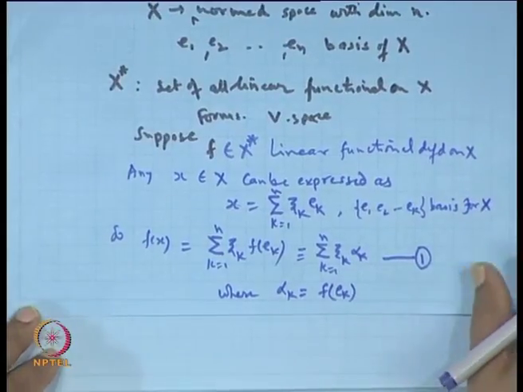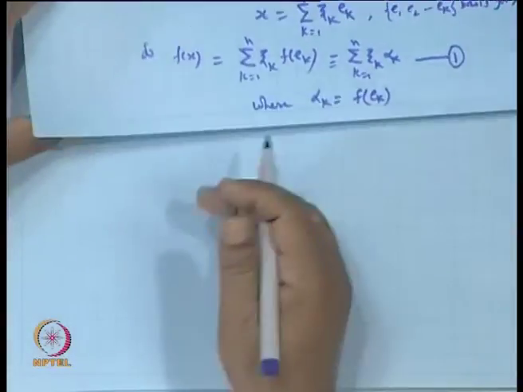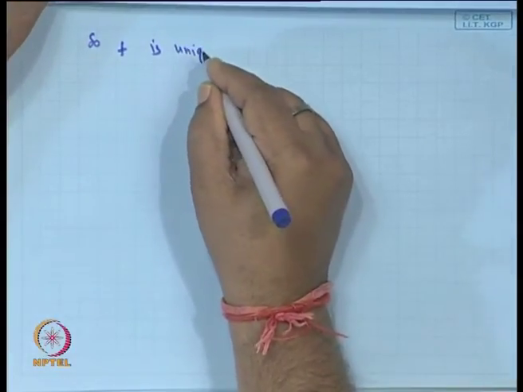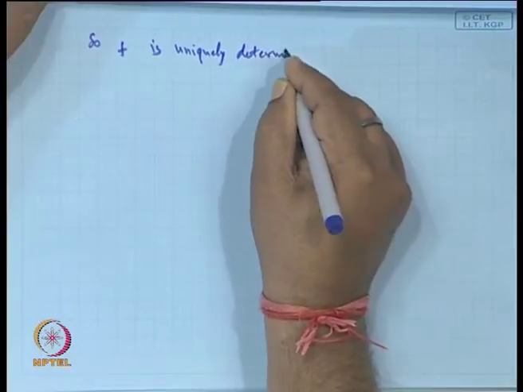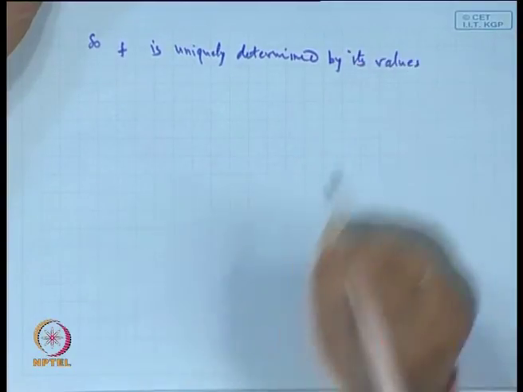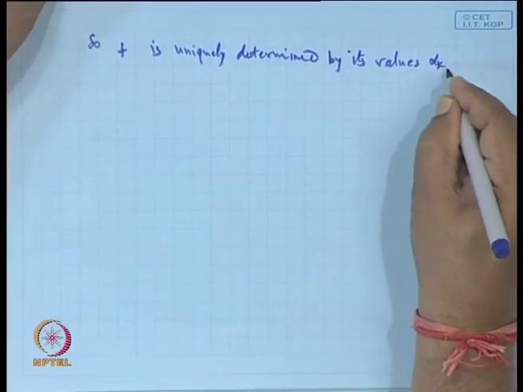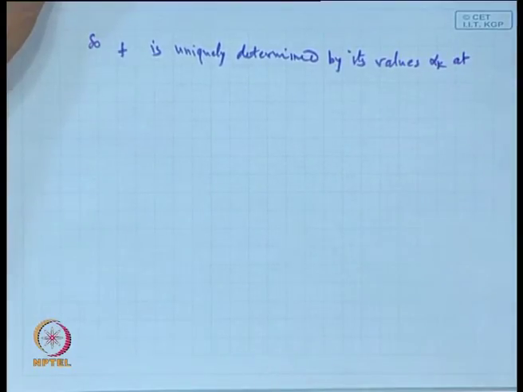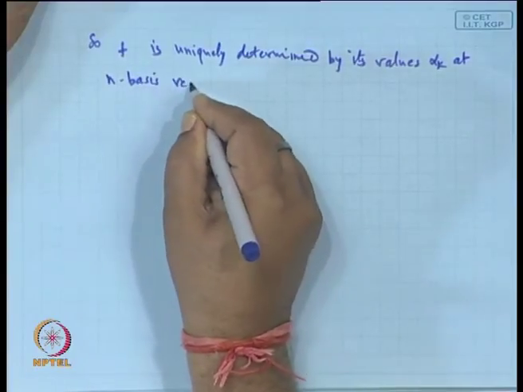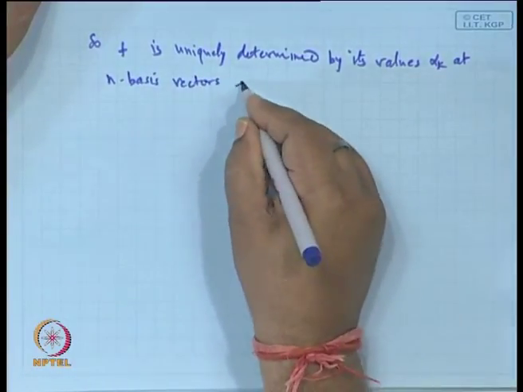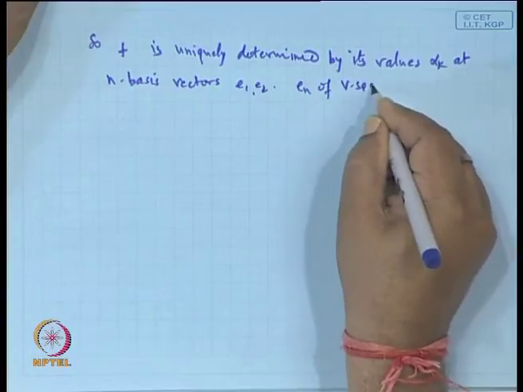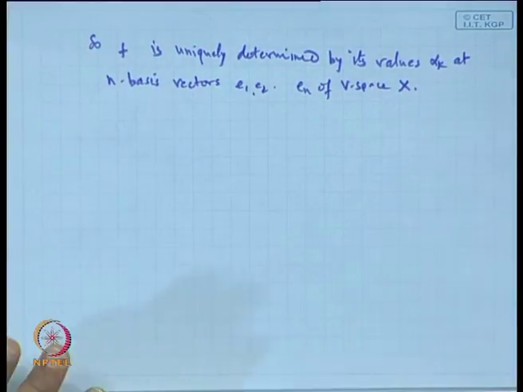So, we can say from here that f is uniquely determined by its values alpha k at the n basis vectors E1, E2, ..., En of X. Is it clear?